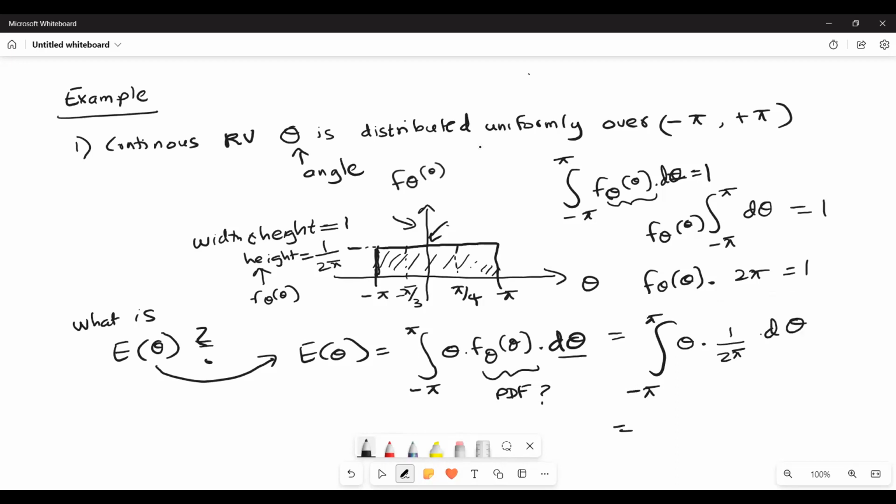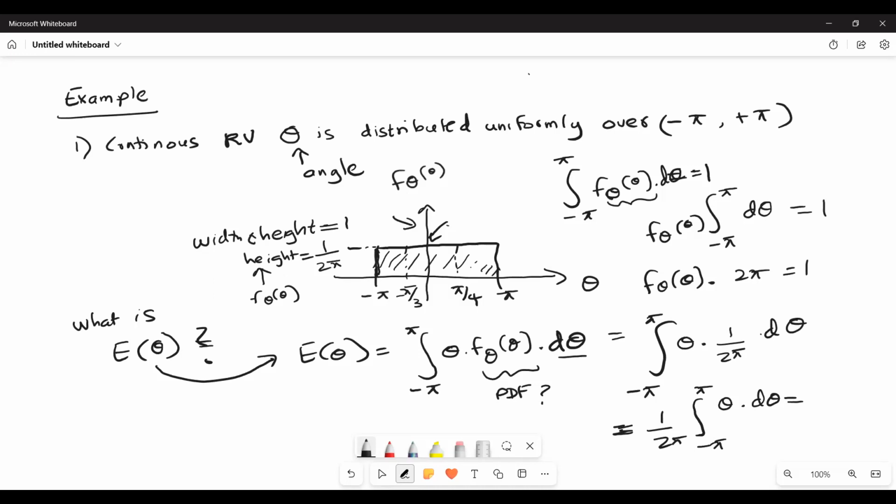What is the value that I will get after doing this? I can take the constant values outside and I'm left with theta d theta.